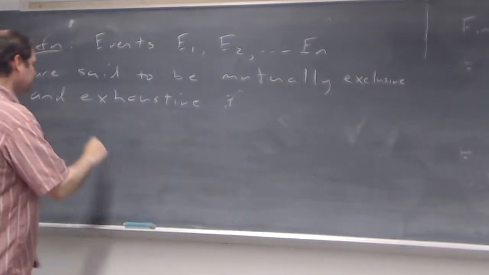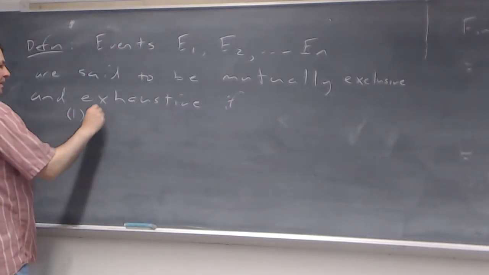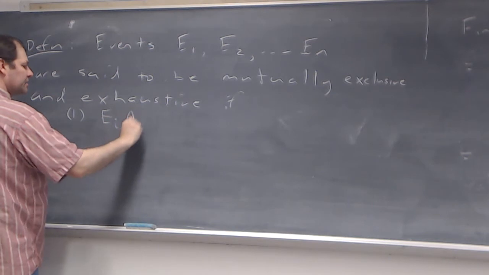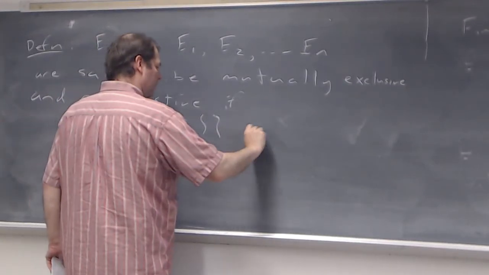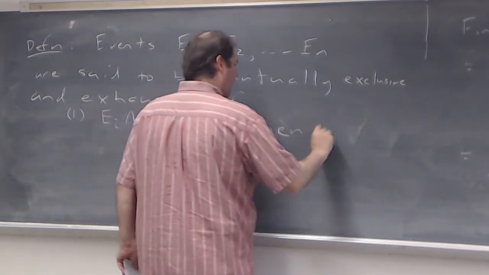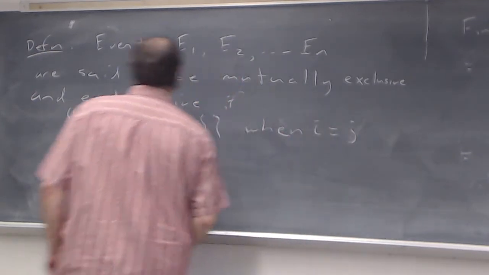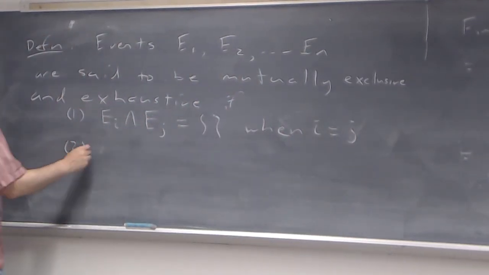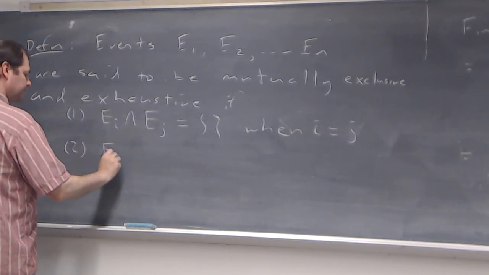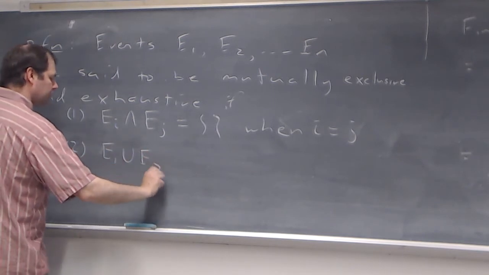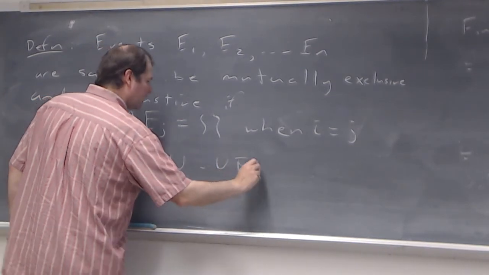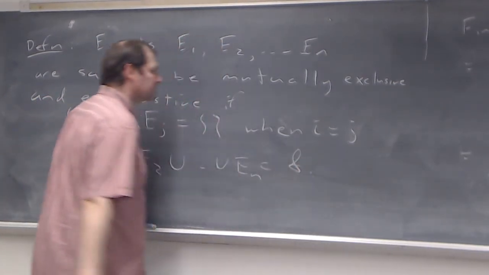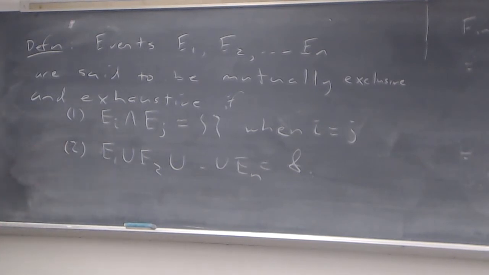Well, the mutually exclusive part is satisfied if Ei intersect Ej equals the empty set when i is different than j. And the exhaustive part is that E1 union E2 union, we keep on unioning them all up, and what we get is the sample space. So that's the exhaustiveness. If you union them all up, you get everything.